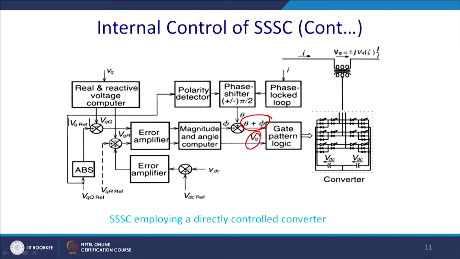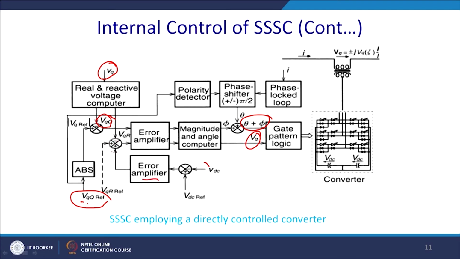So, let us see what the differences are from the indirect control technique. The real magnitude computer will compute that VQ, and you have a VQ reference and a V small q capital Q reference, and from there you subtract to get V small q capital Q. Similarly, you have to have a real power reference, that is VQ R reference, that you will feed, and since you are required to maintain the DC bus voltage at the desired level, from VDC and VDC ref you will feed a PI controller.